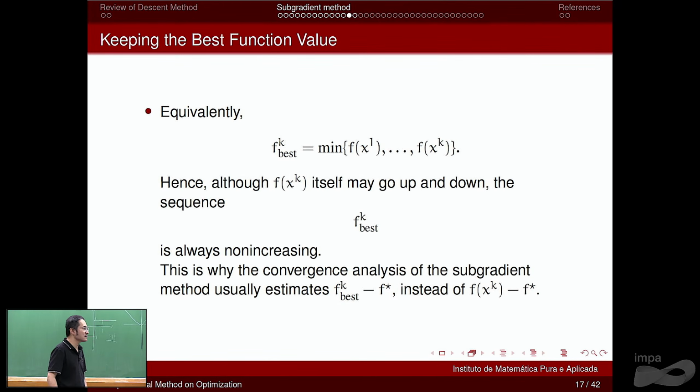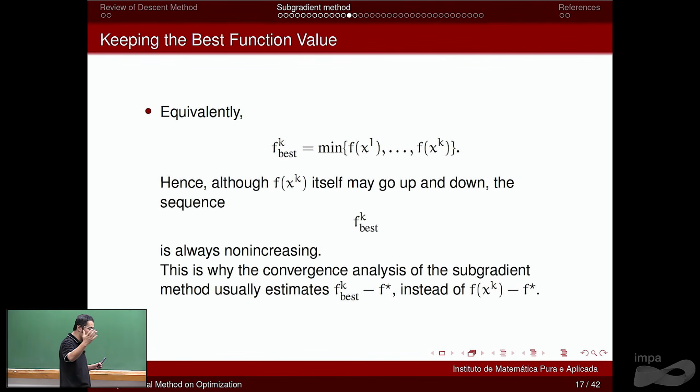Our convergence analysis will mainly be based on the estimation of fk best minus f star, instead of fxk minus f star.